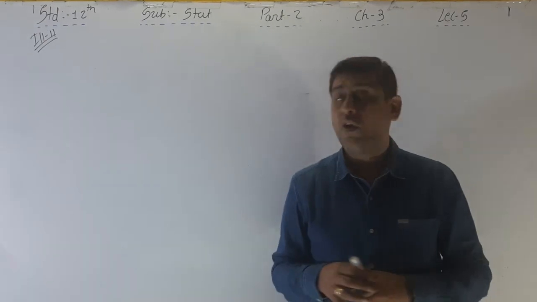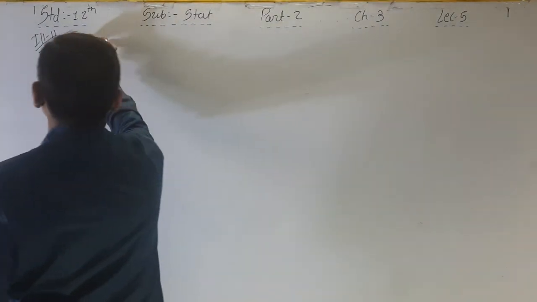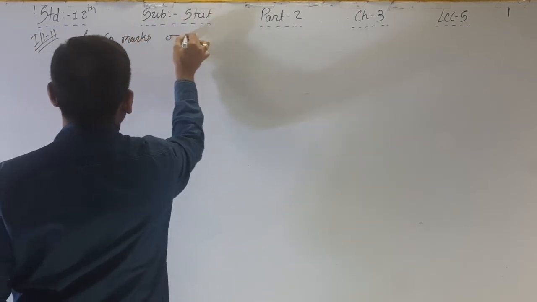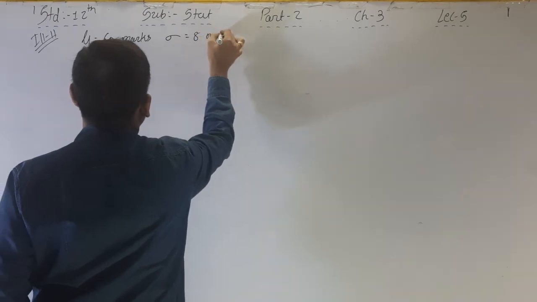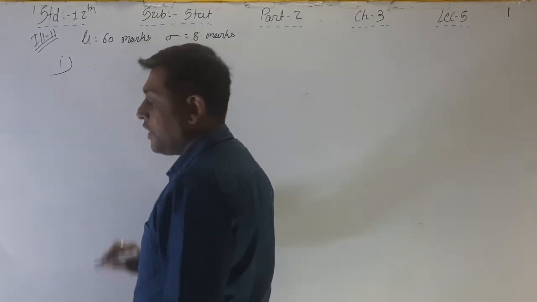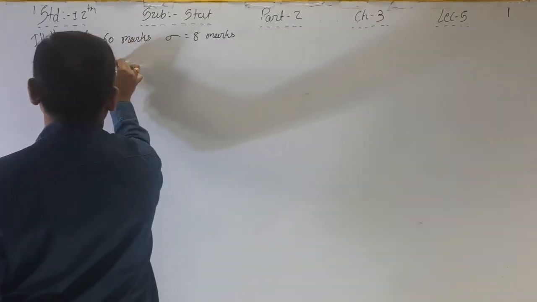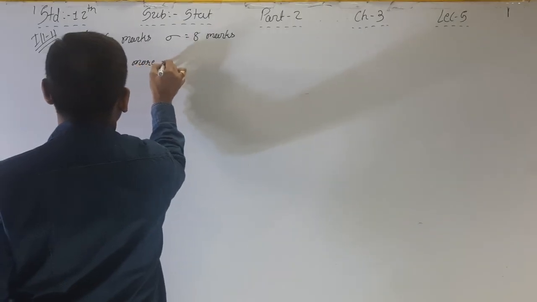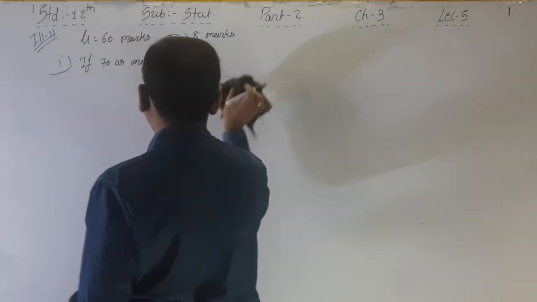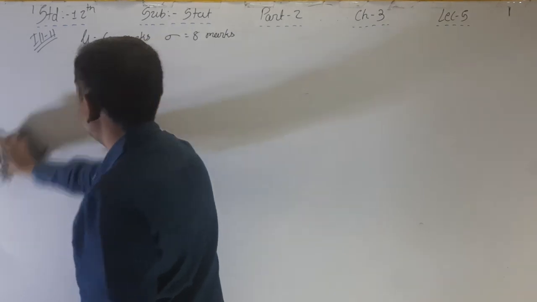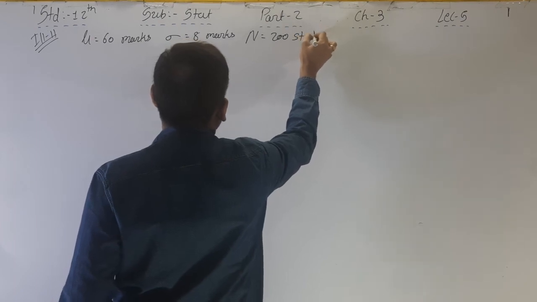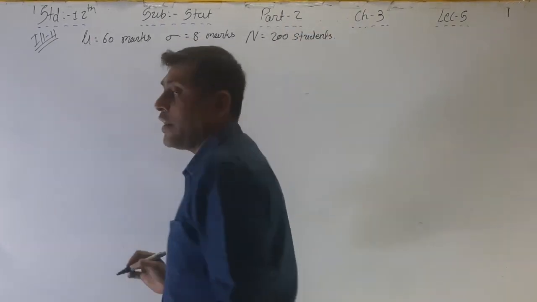Okay. So here in the first question, mu is equal to first of all 60 marks. Sigma is equal to 8. First point, if 70 or more, or you can say probability that total capital N is equal to 200 students, because we want students, that's why we have to write down that also.